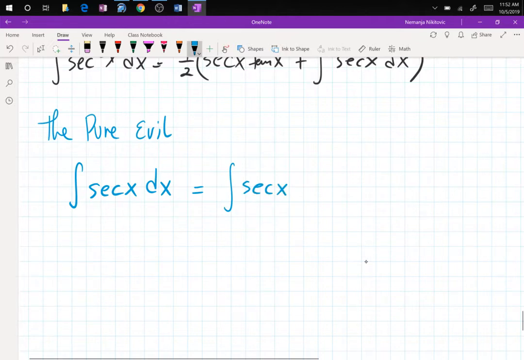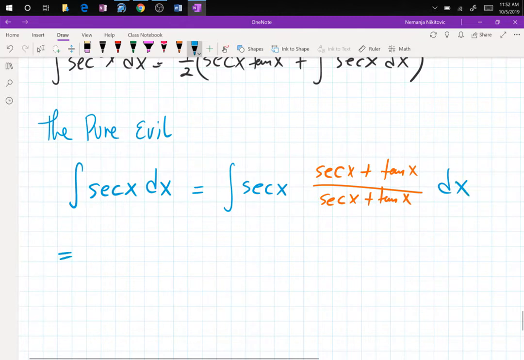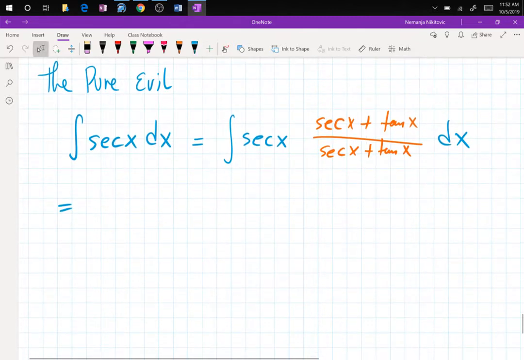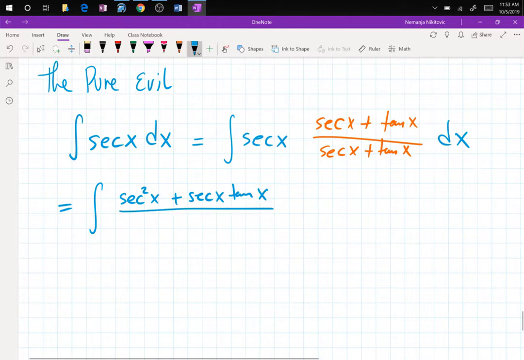So your secant x needs to be multiplied by secant x plus tangent x over secant x plus tangent x, and then you still have your old dx. So this is the function that you have to multiply, and now I go and write secant squared x plus secant x tangent x divided by, I'm just going to change the order into tangent x plus secant x, still the same thing, dx.